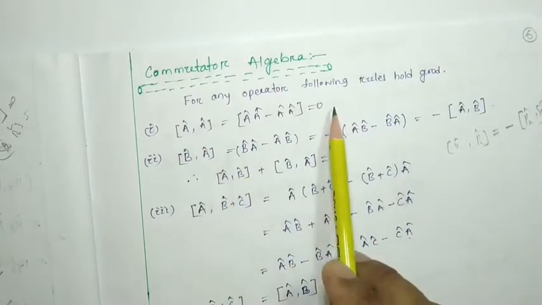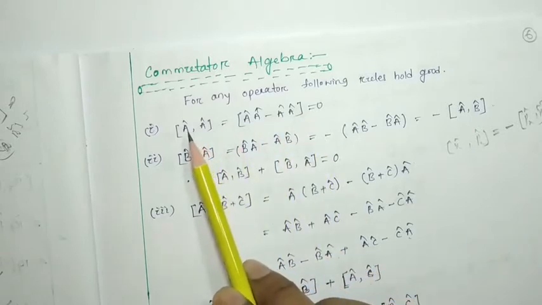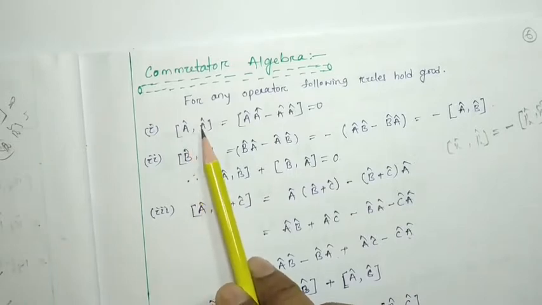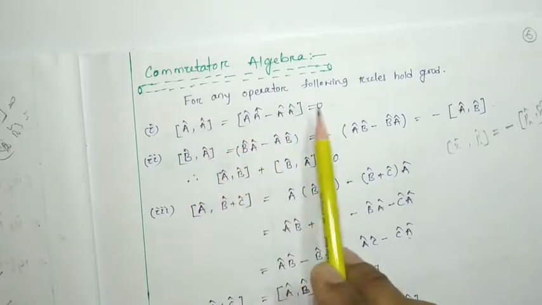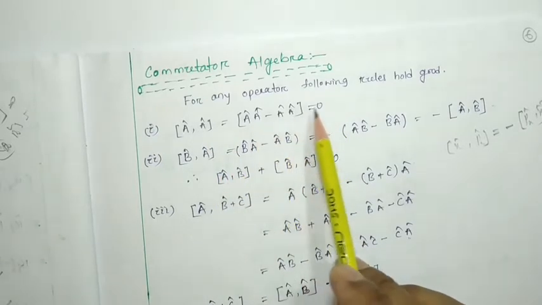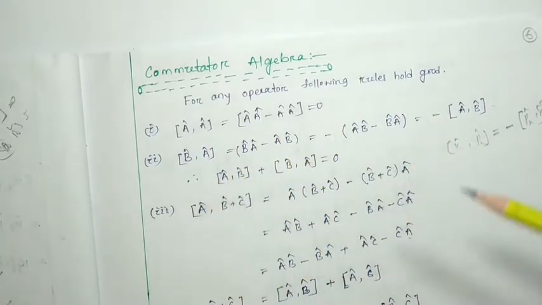An operator A cap will commute with itself always, that is, the commutator of A cap with A cap is A cap A cap minus A cap A cap, which equals 0.